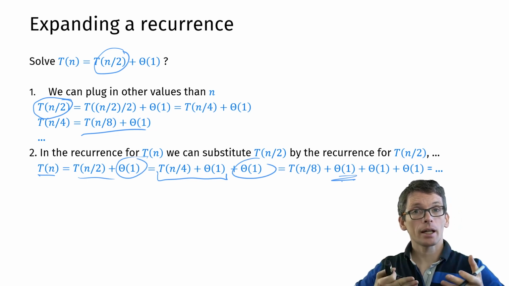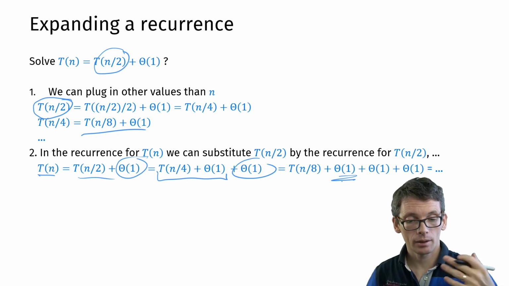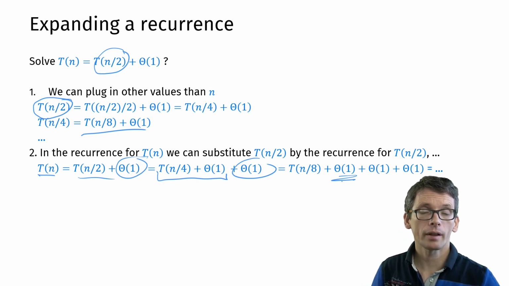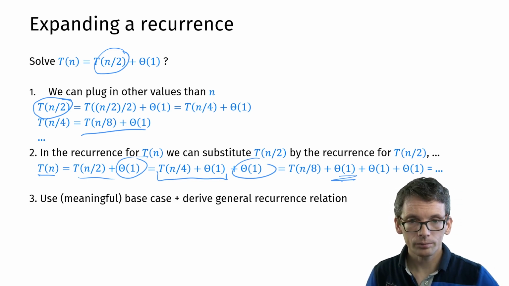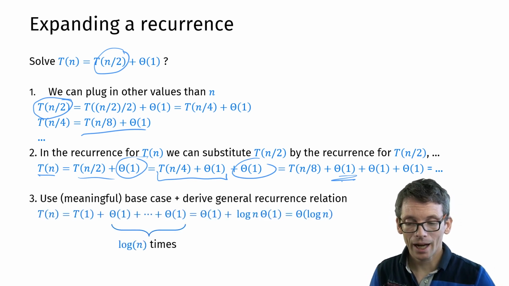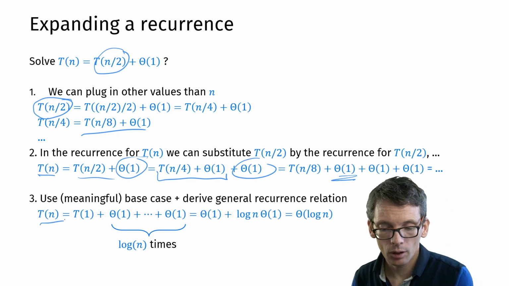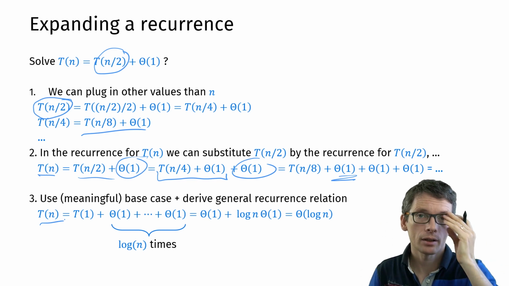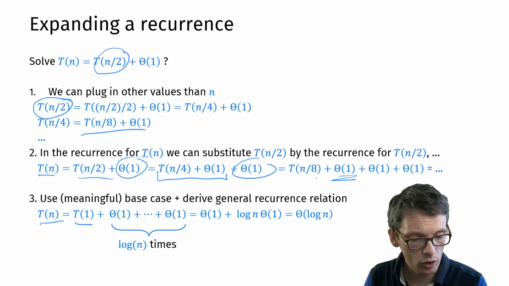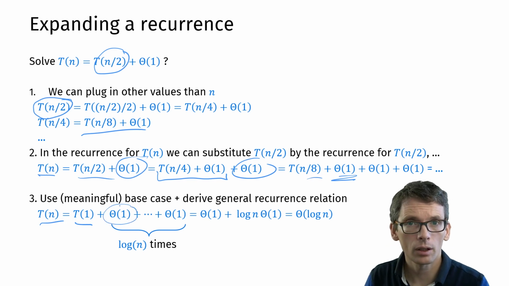Eventually I will hit the base case, and when I hit the base case, I'm done. And in that way I want to derive the general recurrence relation. So what do we have here? We have T of n, and I do this until, let's say, I hit T of 1, and each time I divide by 2, I get 1 term theta of 1.